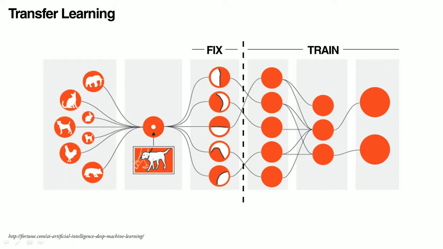Another approach would be to randomly initialize the remaining layers. So let's say you wanted to change the architecture of the pre-trained model, or you wanted to add more layers, or maybe you're performing a classification on a different number of classes. So that means that you need to change the architecture while still using the earlier features.